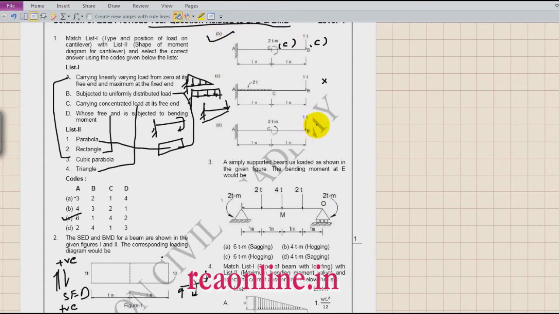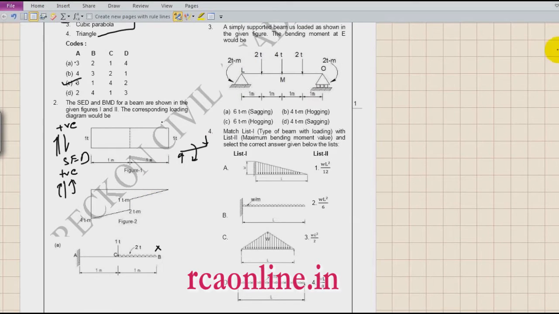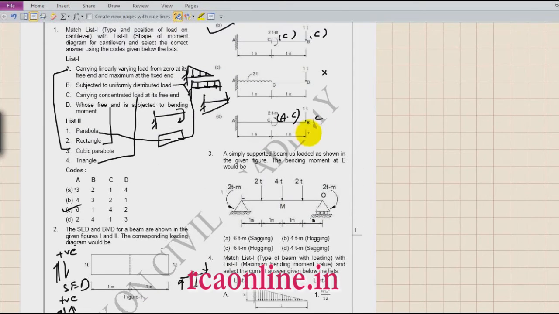In the other one, this is giving clockwise but this is anticlockwise, so we will not get this type of bending moment. I will get a bending moment something like that, so this is not the answer.